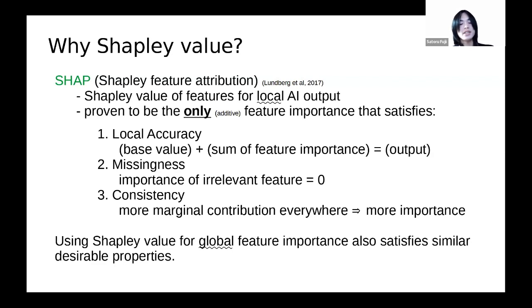And consistency: if we change the AI so that one feature has more marginal contribution everywhere, the importance of that feature would increase. This is for local feature importance, and using Shapley values for global feature importance is also studied and also known to satisfy similar desirable properties.